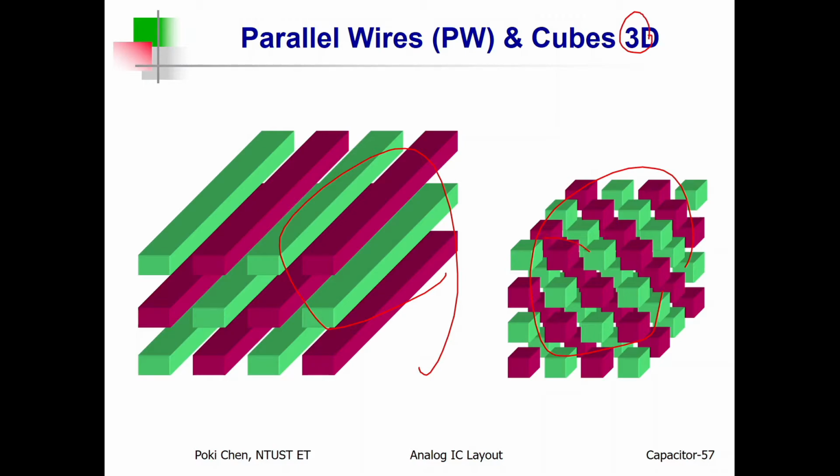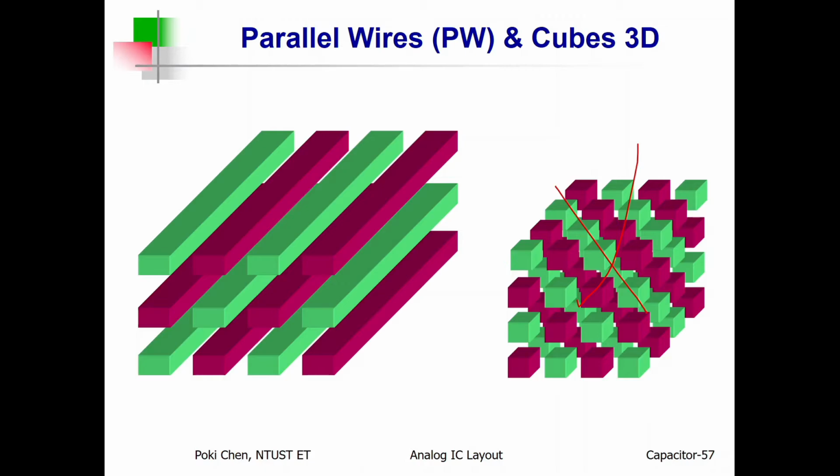How can you connect all of them if they are already at the smallest size? No way. There isn't any line to connect all those blue cubes or all those purple cubes. Nowhere, right? So 3D cubes are only good in theory, but totally not possible for real layout, for real implementation. Forget about it.